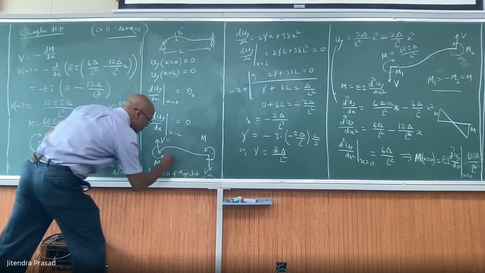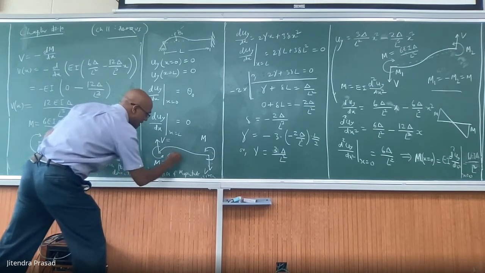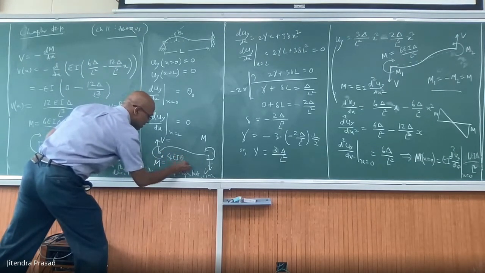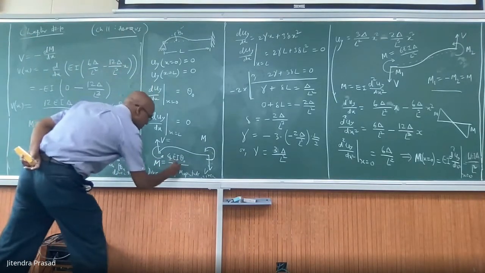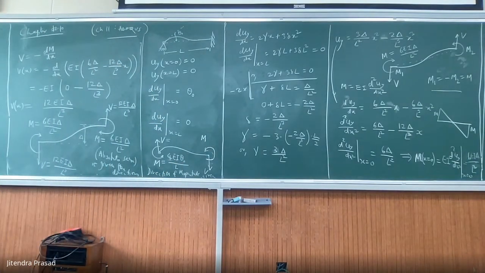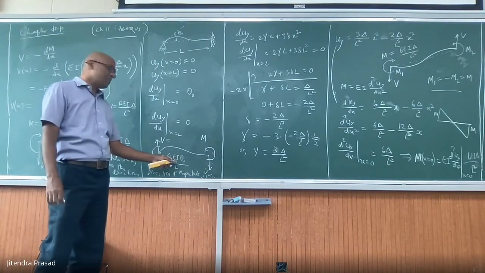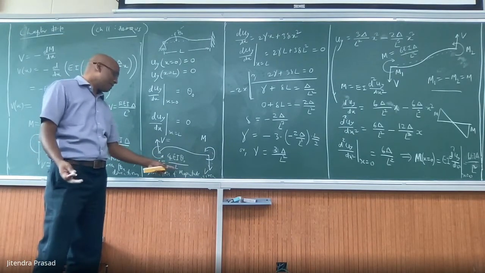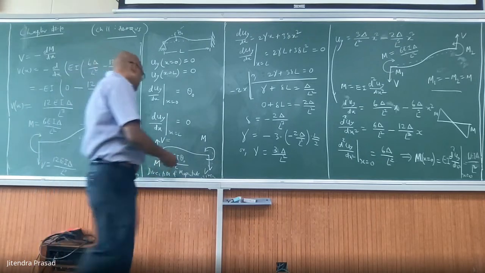M will be equal to 4 EI theta naught divided by L. So Newton meter, right? So this will be Newton meter square divided by meter, because Newton meter. So this will be this value.